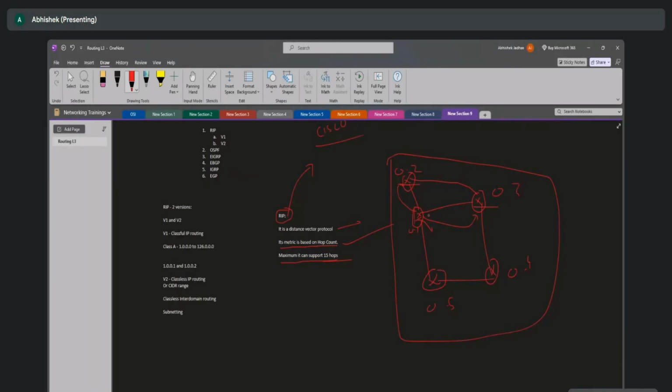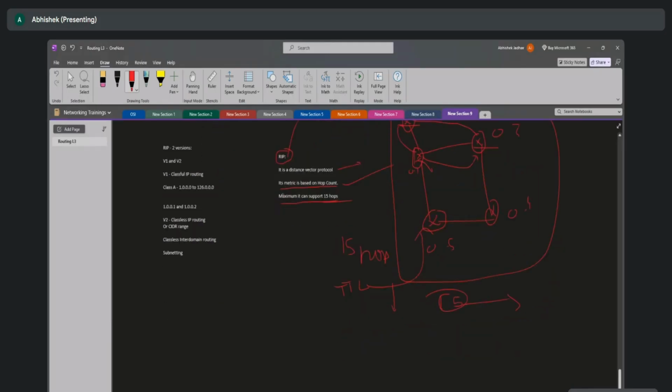It will not reach. The reason being that the packet will die at the 15th hop because that's the TTL value according to the Routing Information Protocol. So that packet will be immediately dropped on the 15th hop. That's it. It will not be forwarded ahead. And that is why other protocols were introduced, that is OSPF.